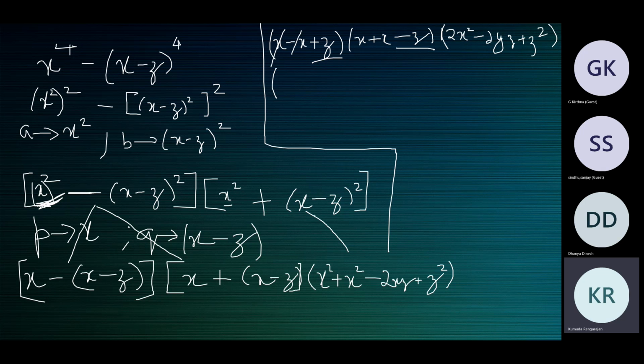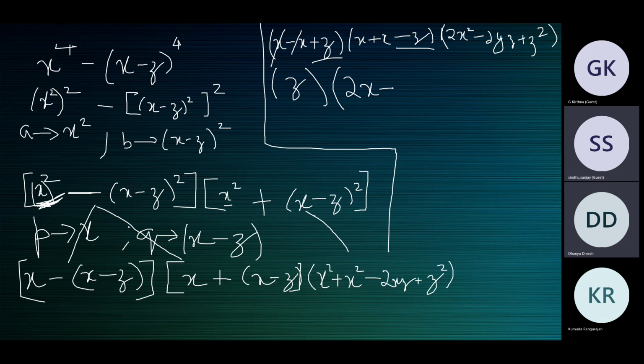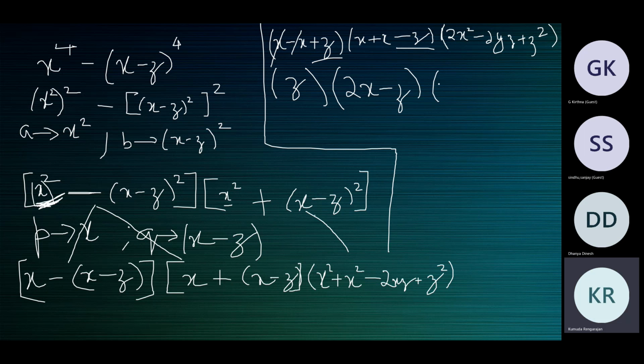X minus z, x plus x minus x in the first bracket cancels because 0. So what remains in the first bracket is only z. X plus x in the second bracket, 1x plus 1x is 2x. 2x minus z, ma'am. And the third bracket as it is, 2x square.